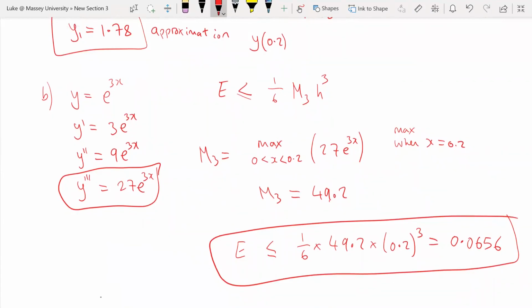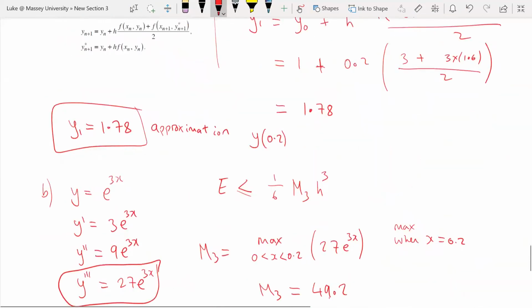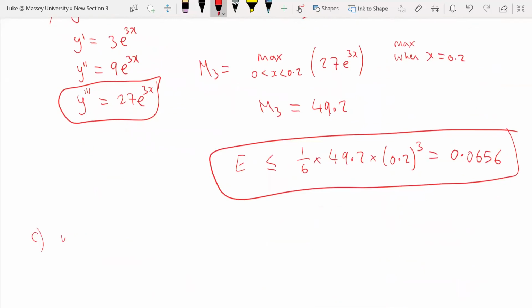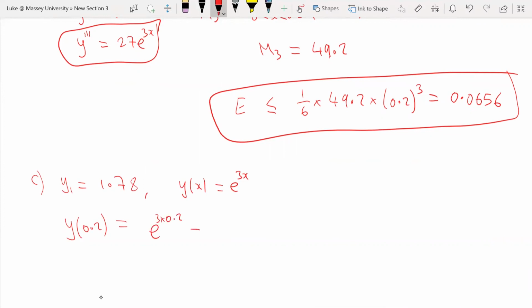So, a relatively small error for that step size. What part C is asking us directly is to compare the error in y1 with your error bound. So y1 was equal to 1.78. Let's calculate the exact solution. Remember that the exact solution was y of x equals e to the 3x. So the exact solution when x equals 0.2 is the exponential of 3 times 0.2. Again, I don't know that in my head, so bring a calculator.